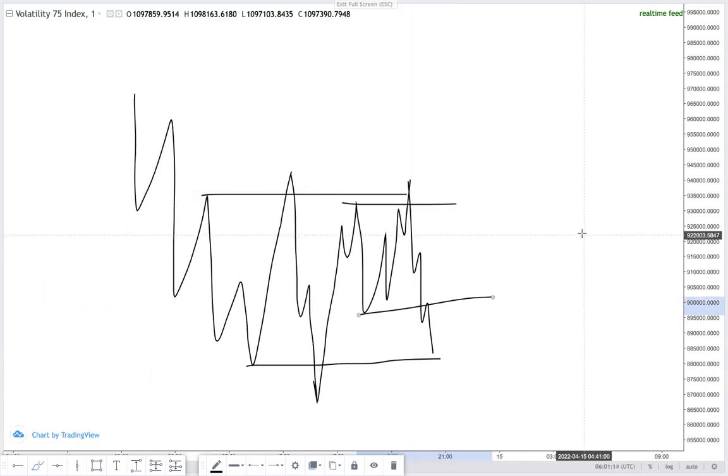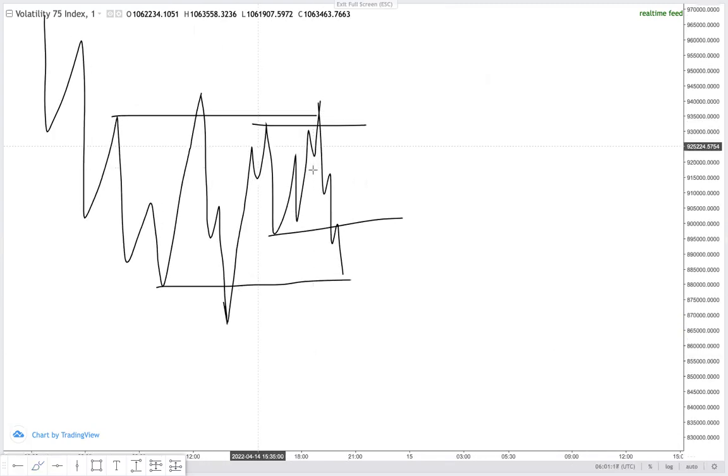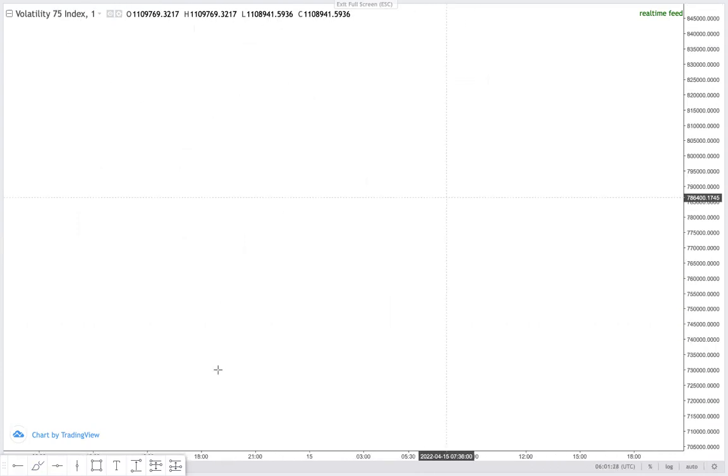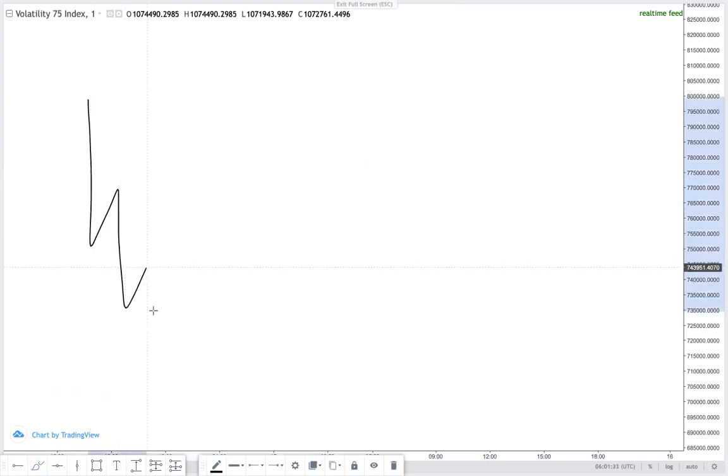And another point on how to trade corrections. Remember, when we have a correction, the correction usually plays by respecting the most high structures and the most low structures in order to be safe. So let's say we have a correction like this.